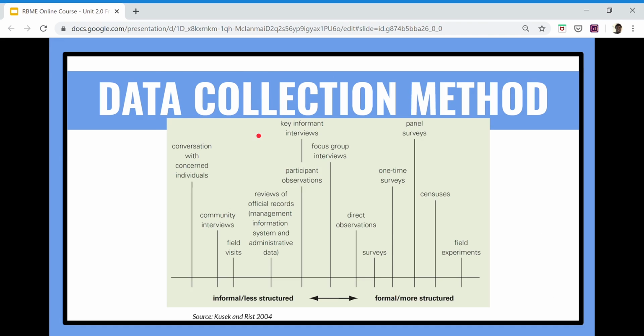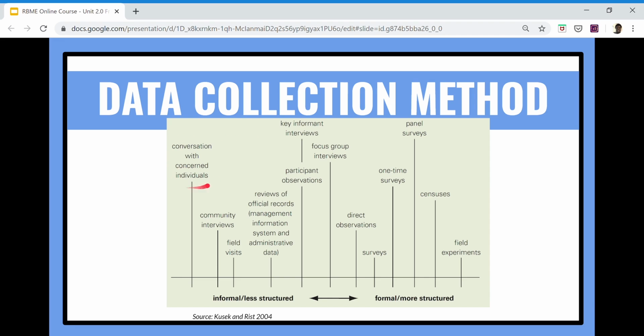Your data collection methodologies, you can think about in terms of quantitative data collection methods and qualitative data collection methods. Most times, not all the time, when you have a non-numerical indicator, you would want to use a qualitative data collection method.